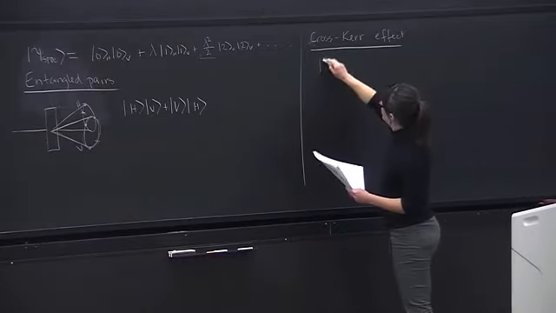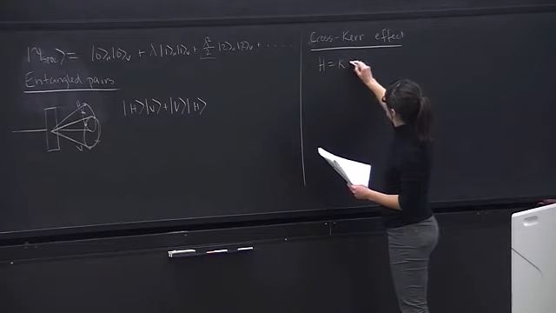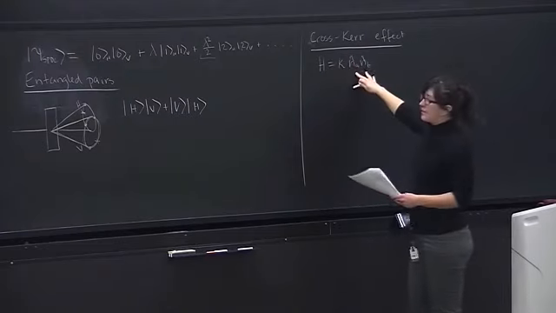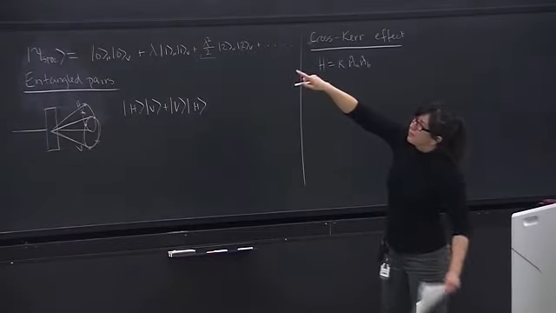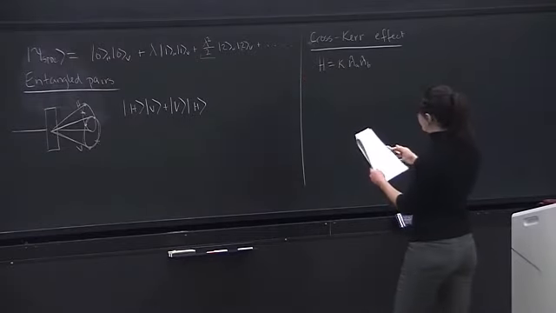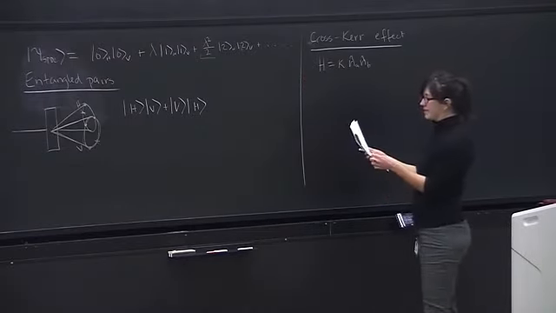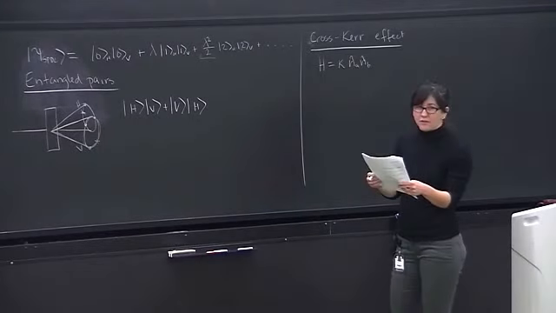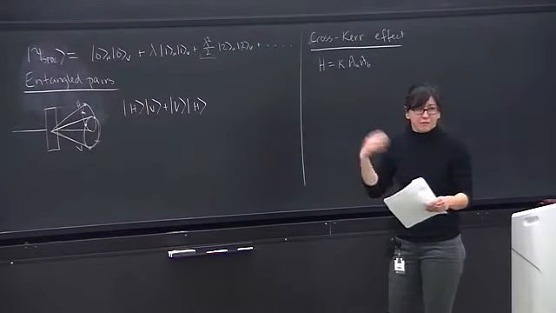And the Hamiltonian for that is going to be, where these are the number operators that were defined before as A dagger A. And what this does is it induces a phase shift on the light that depends on the number of photons in the state.